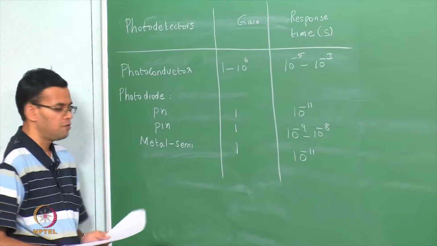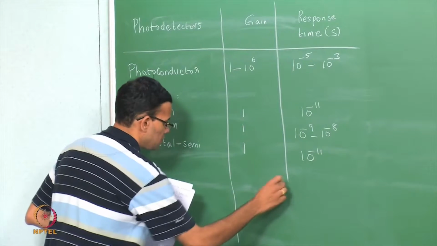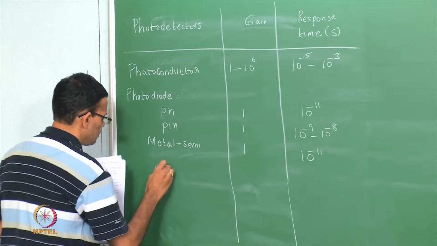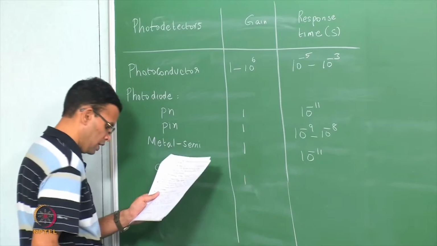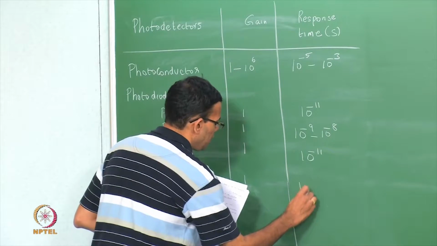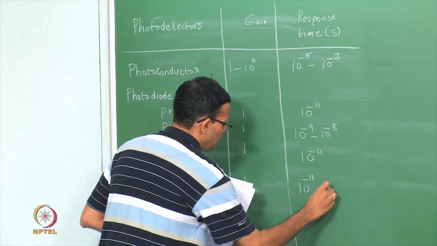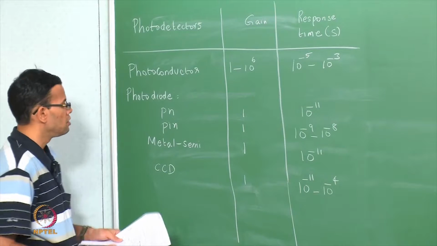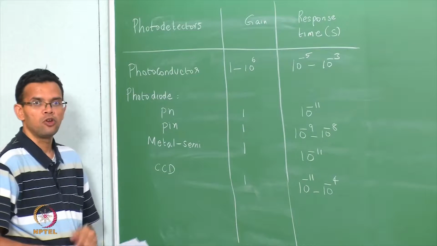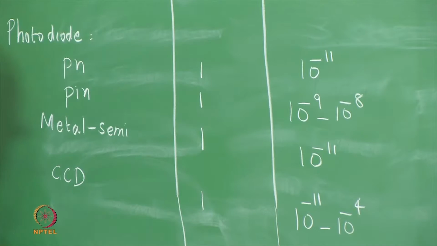You could also have charge coupled devices. This has a wide range of response times. These are all photodiodes. You could also have a phototransistor.